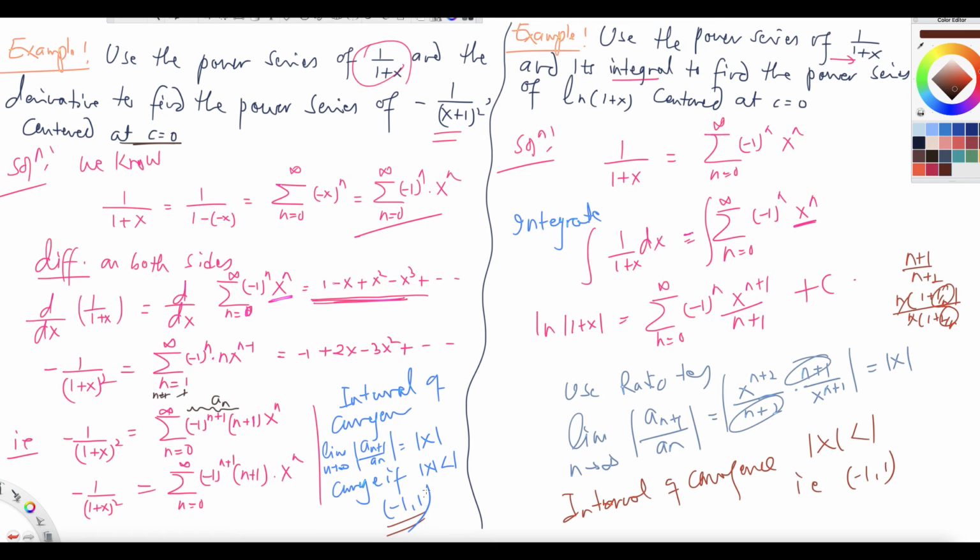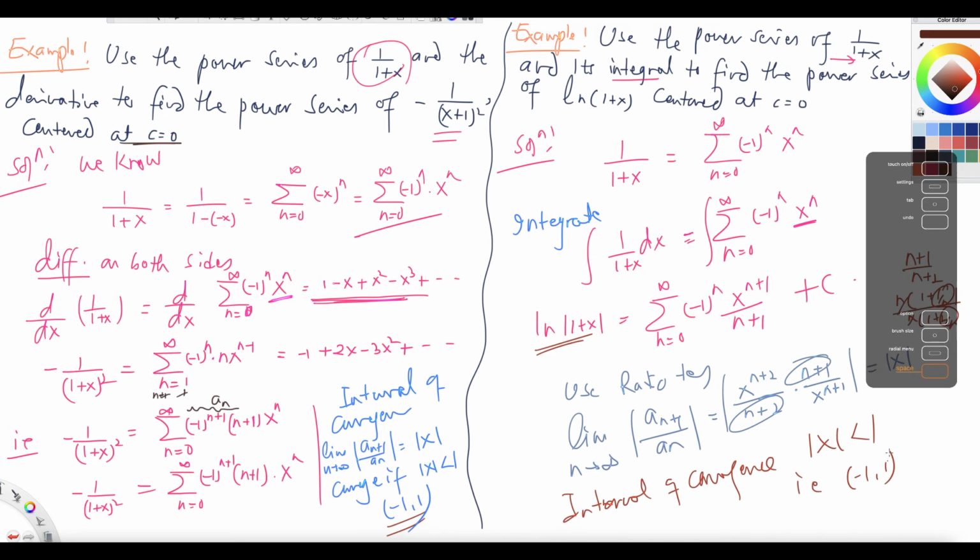So it will diverge at -1 and +1. So this is the interval of convergence here. But what happens in this case, if x is -1, that will become infinity. So at -1, it will diverge. At x equals +1, it will be 1, 1/2, 1/3, and so on. So this will converge at that time.